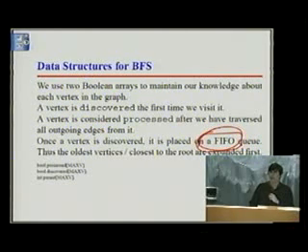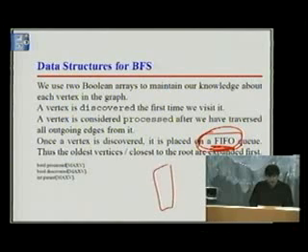If we store it in a first in, first out queue, that's going to have the property that the next thing we choose to explore is the thing that's been in the queue the longest. That was the thing that got discovered the longest amount of time ago.